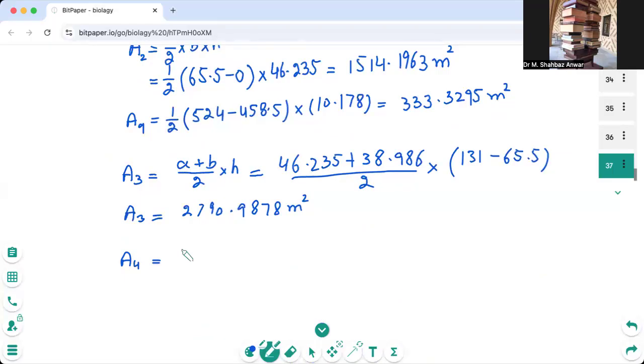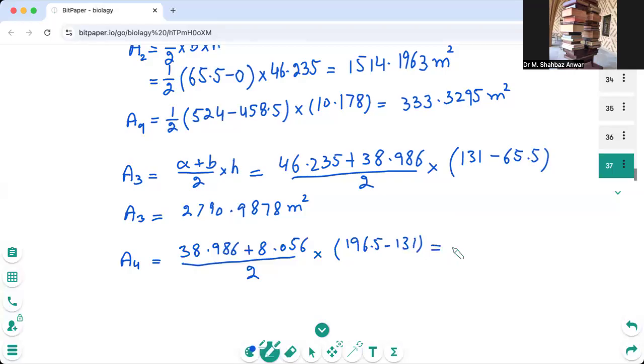This is going to be 38.986 plus 8.056. Then these are two heights divided by 2, then times the distance between these two parallel lines, 196.5 minus 131.